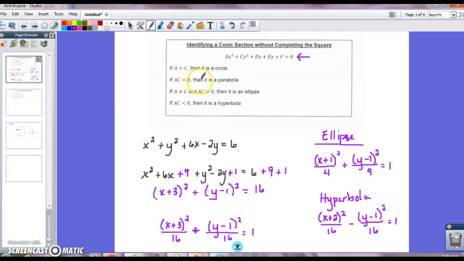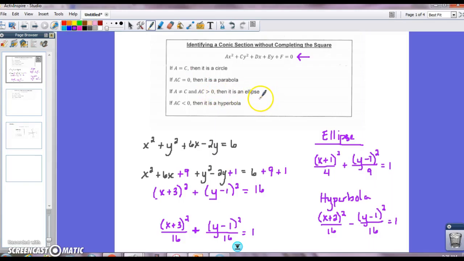Okay, the next one is if A and C are not equal to each other, and A times C is positive, then it is an ellipse. So in this case, right, A is 1/4, C would be 1/9. 1/4 times 1/9 would be 1/36, which is greater than 0, so that's an ellipse.